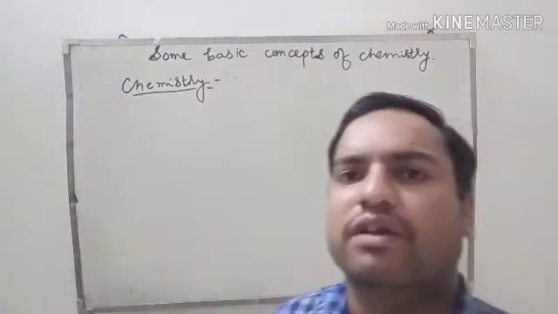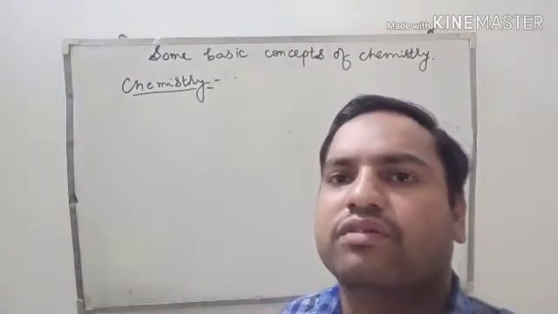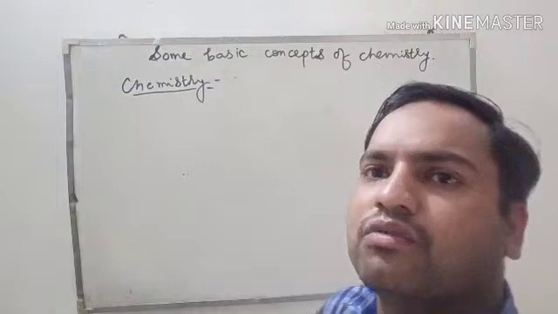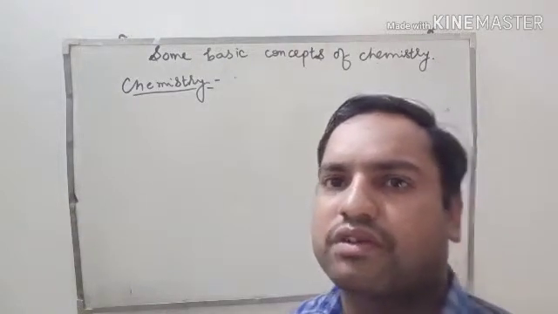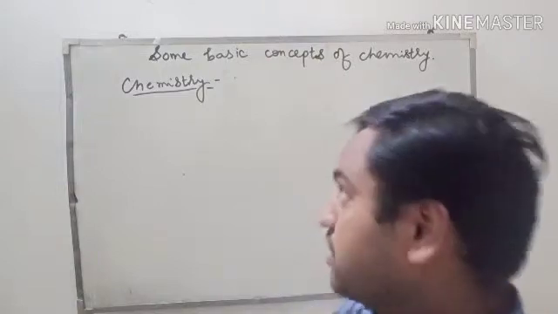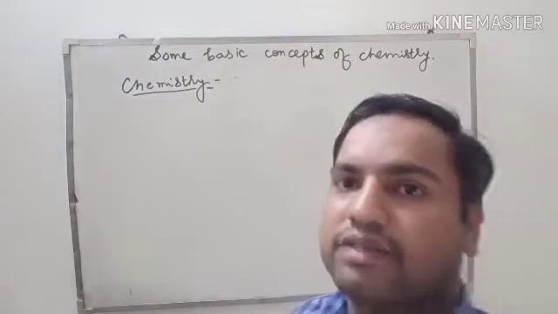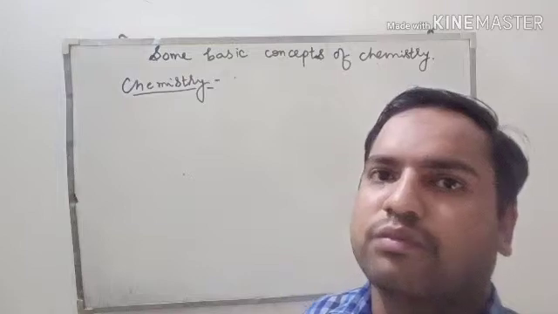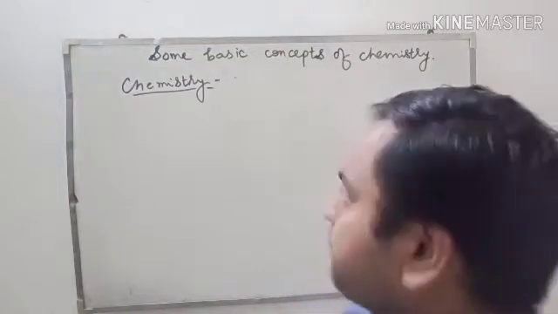What is the chemical composition? What is the constituent of a particular matter? What are the different structures of it? Molecular structure, atomic structure, like that, and other different properties. Also, mainly chemical property we will consider.